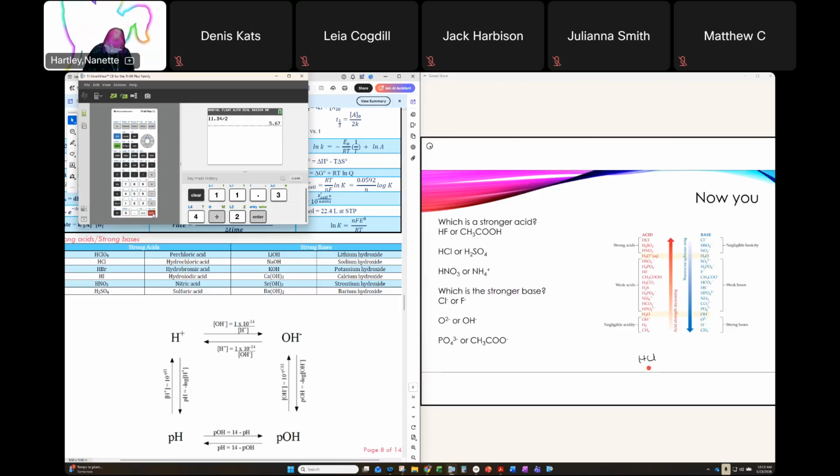The weakest acid that I have is CH4. And it just says to pick two in the middle. So I'm going to pick, for kicks, HF, because it's right here. And then I'm going to pick H2S. And so if I wanted to put them in order according to the chart, I would move my CH4 to the bottom.